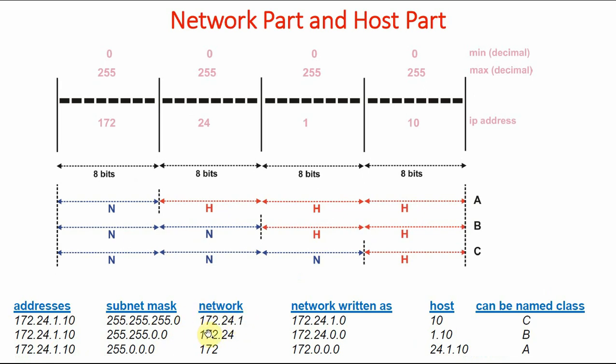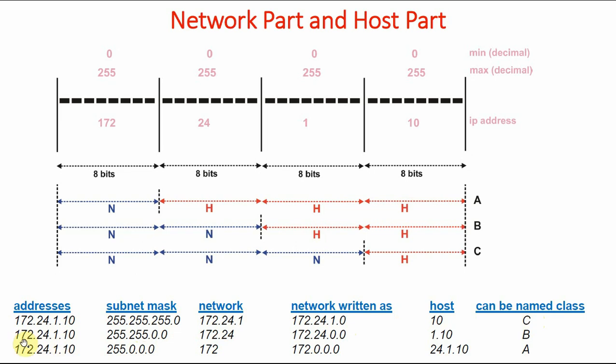But we generally do not write the network number like this, 172.24.1. We write 0 behind that also. And what will be the host portion? This is going to be your host portion. And if the mask is 3 times 255, generally we can name it a C class address.